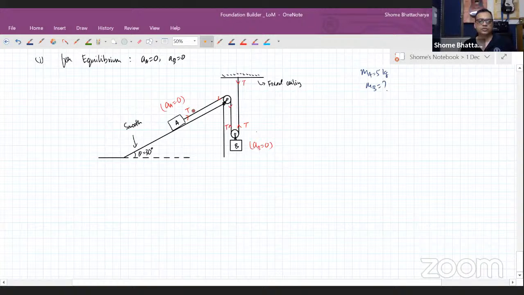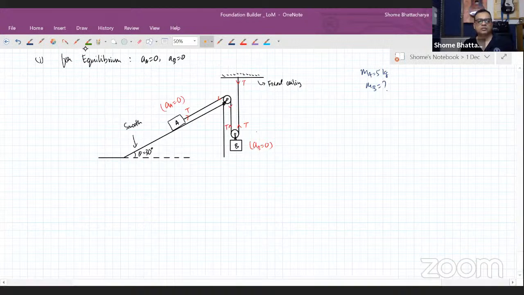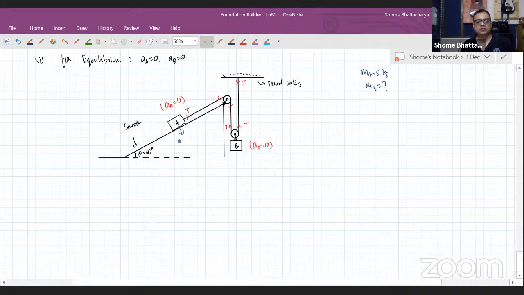So just balance the forces. So I'll just give you a hint by drawing the components of weight here. This will be 5g cos 30 degrees and this will be 5g sine 30 degrees.